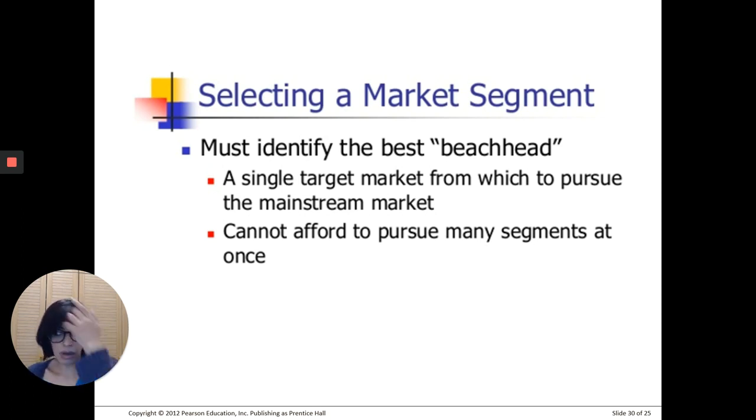So if you are appealing to many different segments, you have to put money and people and resources behind researching this market, talking to them, understanding them, figuring out what features and benefits they're looking for, and then adapting your product to that. But if you're looking at one market, that's fairly simple to do. You're understanding one segment. But if you're looking at 3 different segments, it can become very confusing.